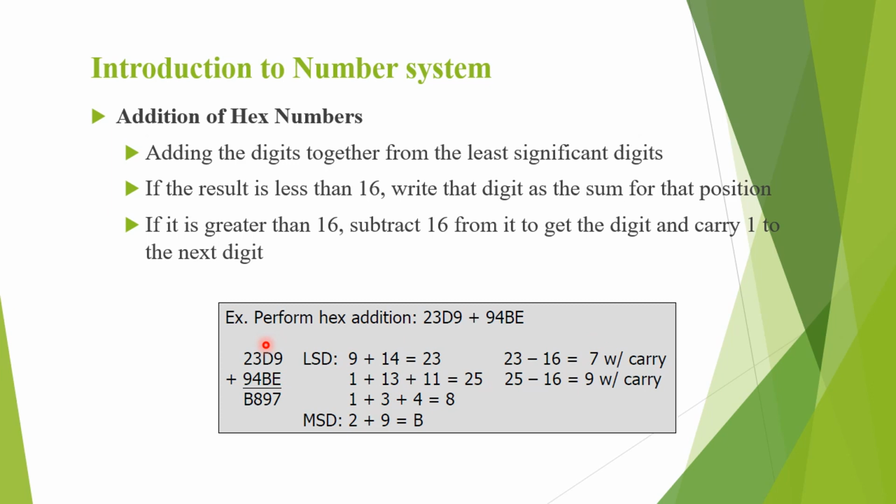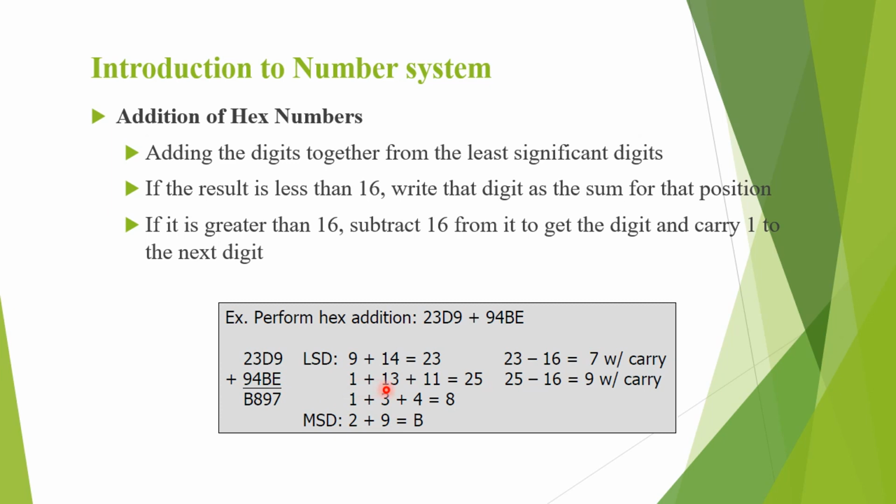So 7 is written in the sum position, and a carry is generated which is carried forward to the next bit. So now D and B will be added along with the carry from the previous position. D represents 13, B represents 11. The 1 here is nothing but the carry generated from the previous bit.